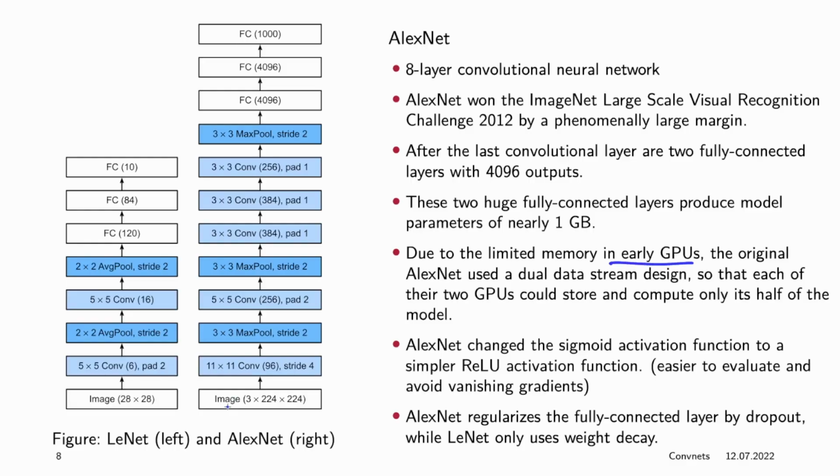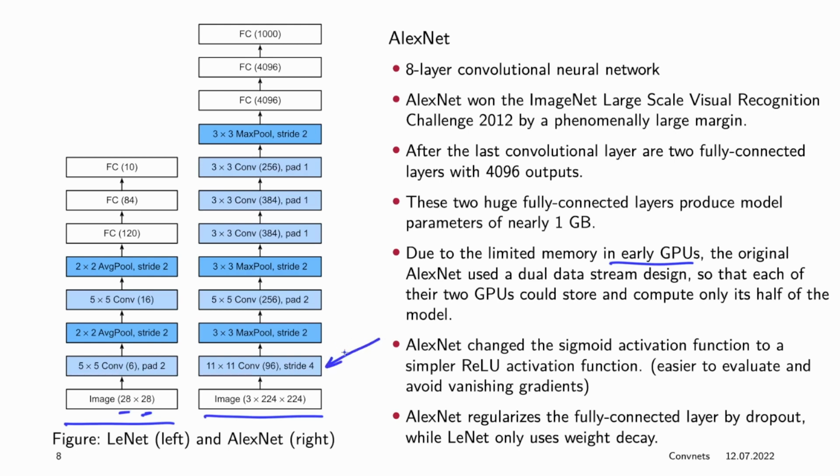So if we look at this 8-layer neural network, on the left we have LeNet, on the right hand we have AlexNet. In LeNet, the images were really small, they were 28 by 28 in resolution. And then it was passed through these 5 layers. AlexNet is an 8-layer convolutional neural network.